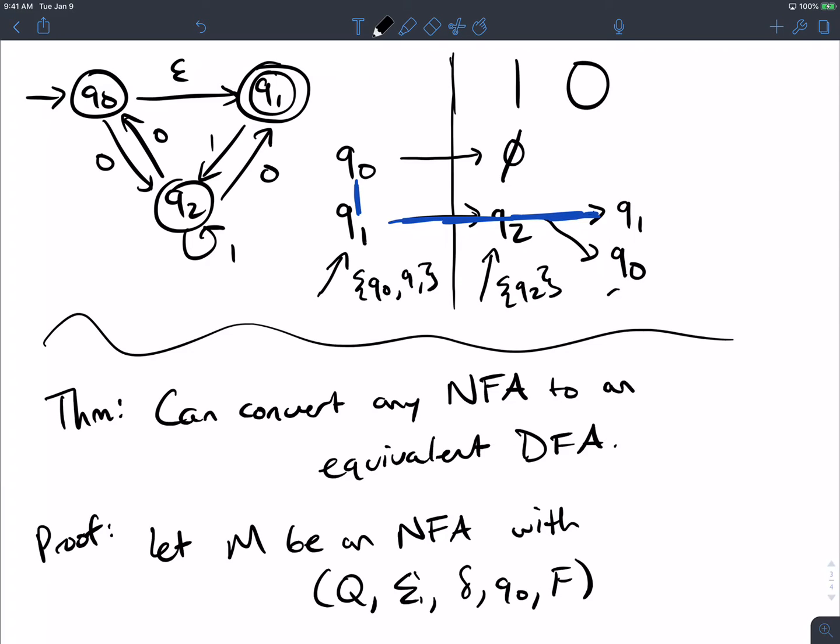And at the end, we again have Q0, Q1. Oh, wait a second. So what does this tell us? It tells us, if you're in either Q0 or Q1 and you read a 1, the only state you could ever eventually get to is Q2. That's the only place you can go. Well, from Q2 reading a 0, you can go to these two states, Q0, Q1.